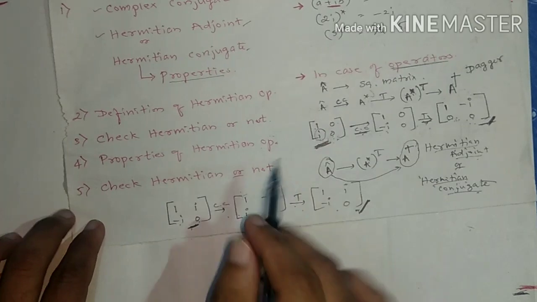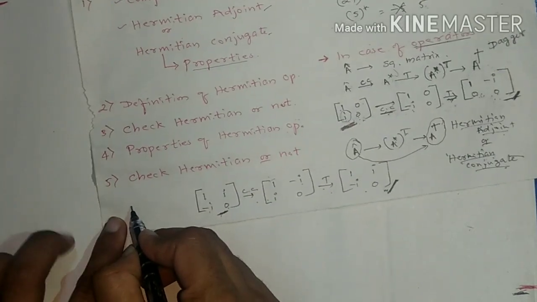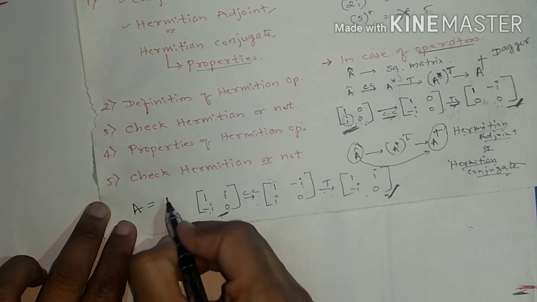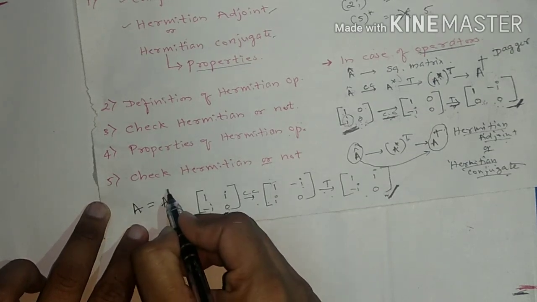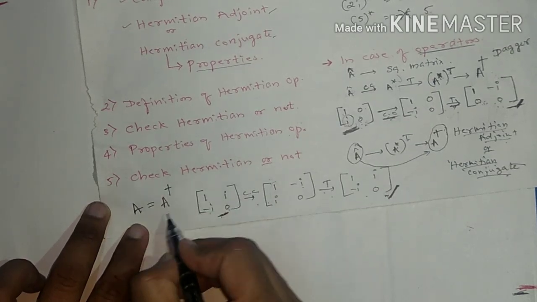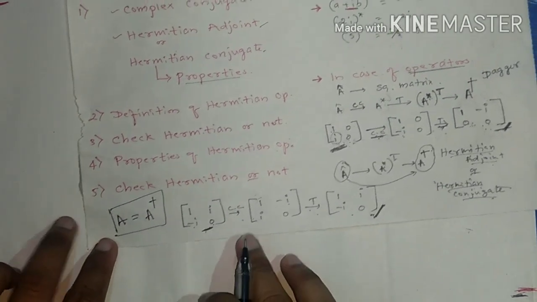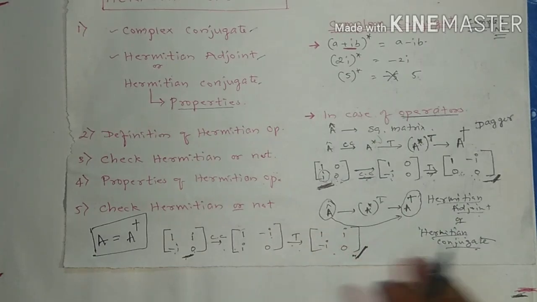So what do we understand? An operator A is said to be a Hermitian operator if its Hermitian adjoint and that operator are the same. This is the definition of a Hermitian operator.